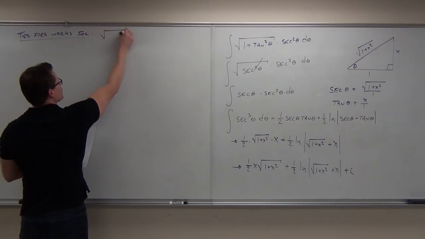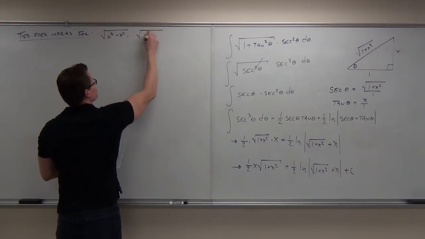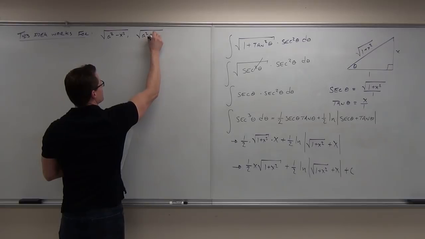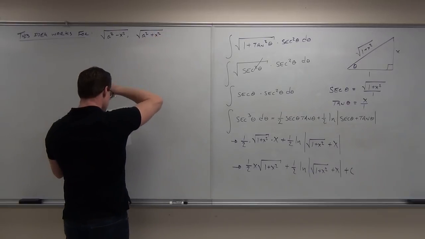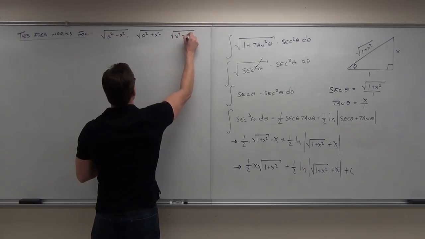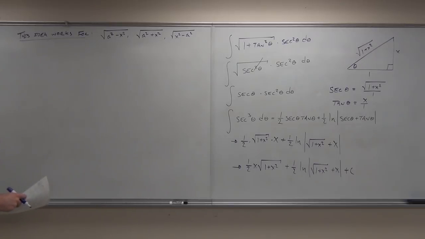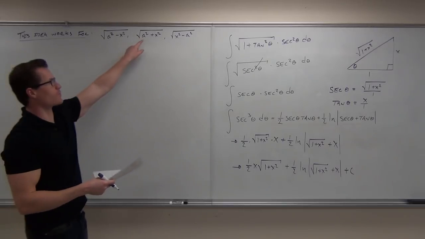So this idea does work if we have one of these 3 things. If we've got a square root of a squared minus x squared, or a square root of a squared plus x squared, or a square root of x squared minus a squared. Our first one was of this form.